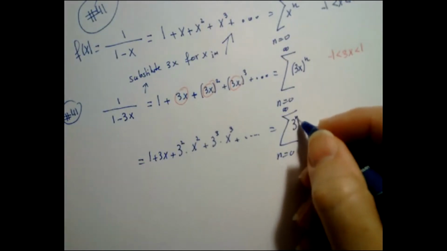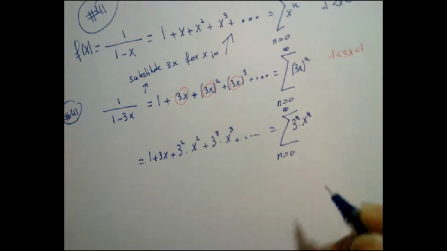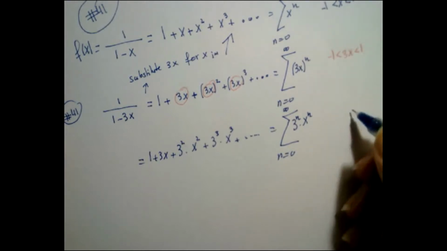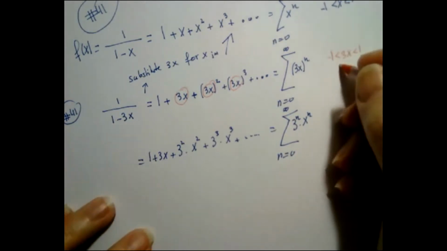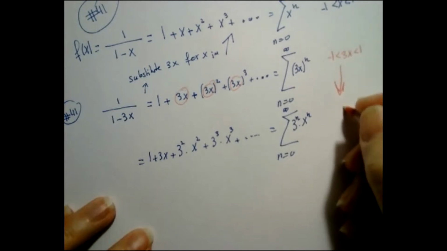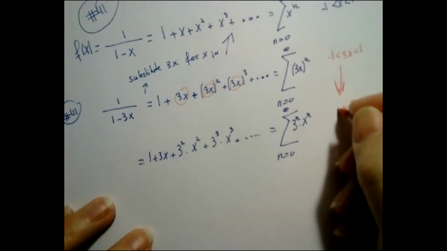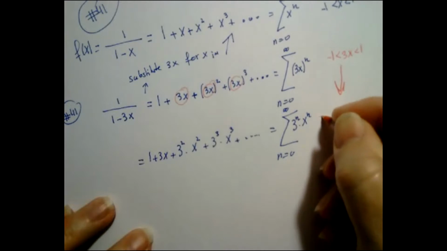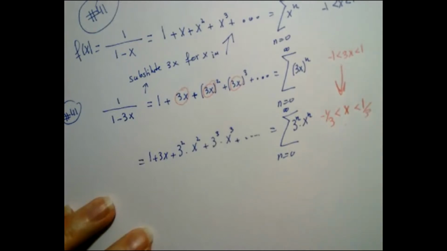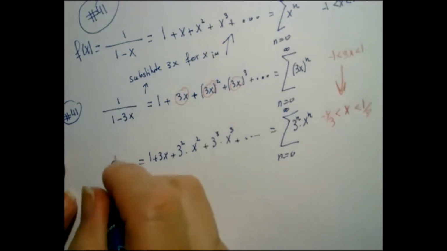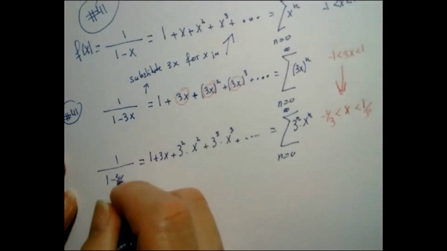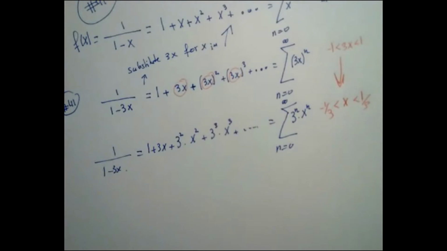It means it's 3 to the power n x to the power n. 3x between -1 and 1 means that x has to be between -1/3 and 1/3. So this equality will hold as long as x is in here. End of the problem.